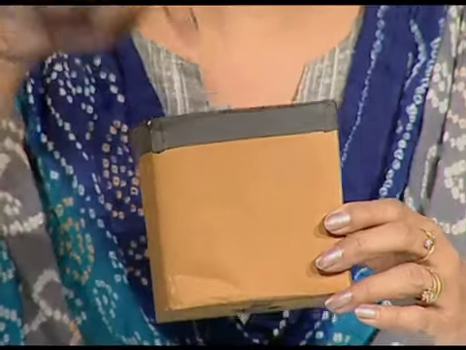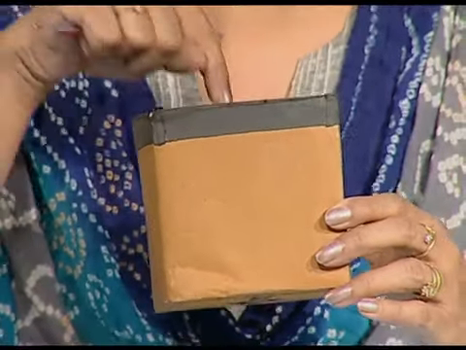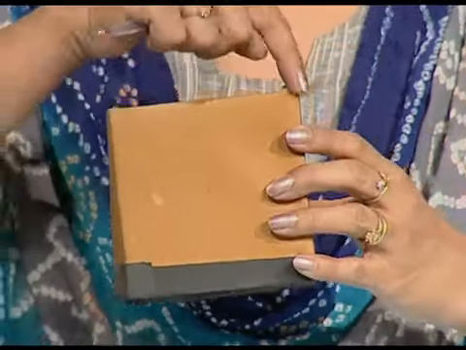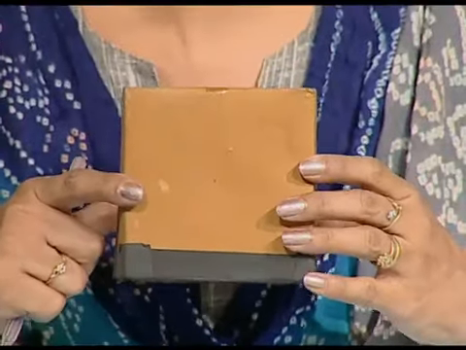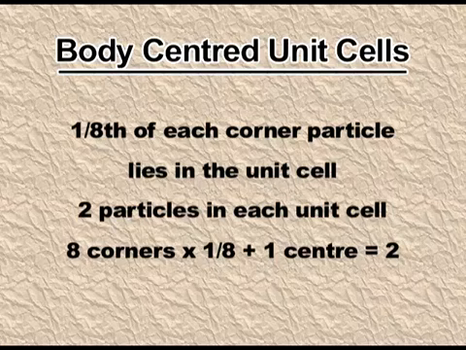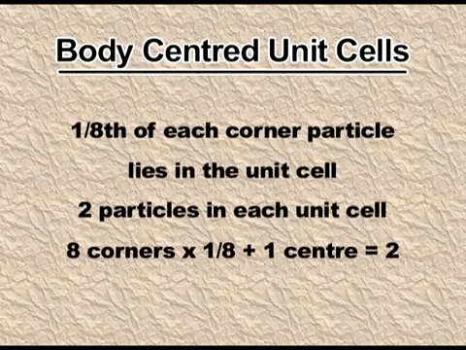Let me tell you once again how. This one which is inside this body belongs only to this unit cell. That one atom plus the atoms at the corners, which contribute only 1/8. So 8 corners into 1/8 is equal to 1, plus this one. So 1 plus 1 is equal to 2. So the total number of atoms in a BCC type unit cell is 2.